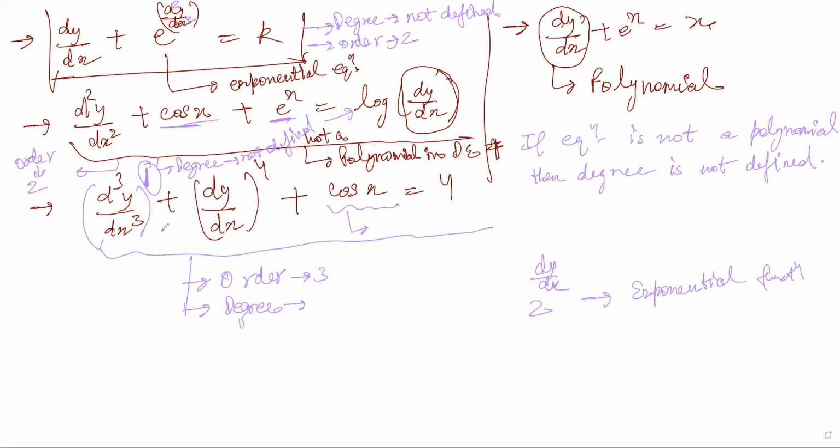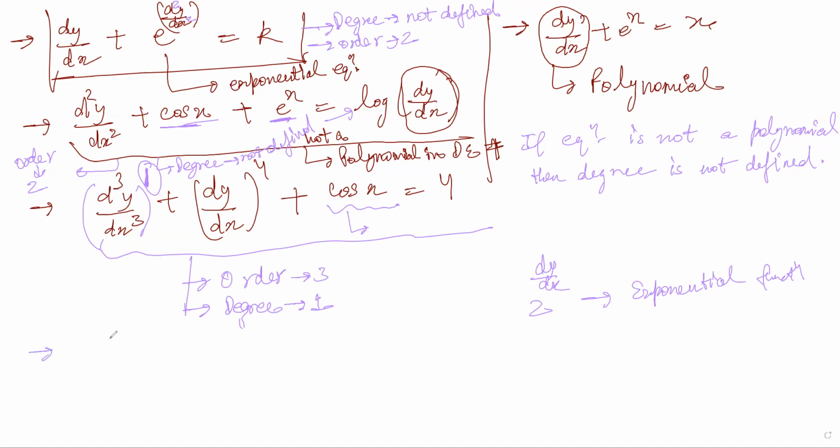Degree is defined only if the differential equation is polynomial. The highest order derivative in this case is 3, d3y by dx cube, and the highest power used is 1. So degree will be 1 only. Degree will not be 4.